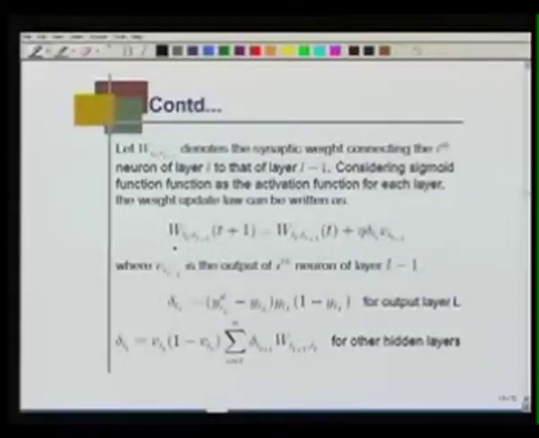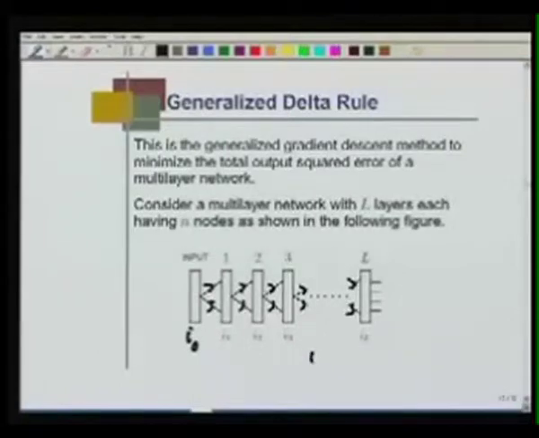So you see here this is my weight, a typical connection weight between the L and L minus 1 layer. That is what I am talking about here. This is my W_i_L i_L-1, the weights between this Lth layer and the just preceding layer.